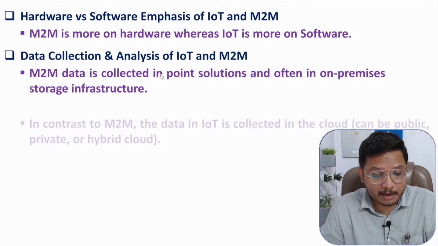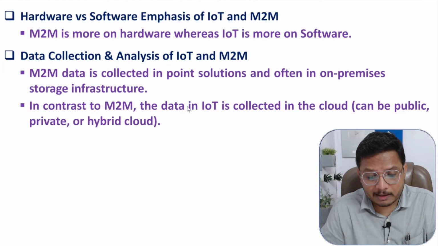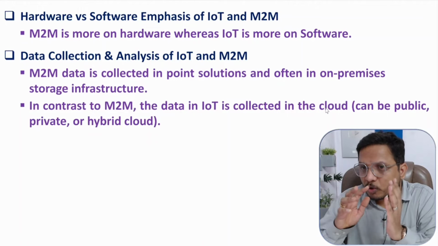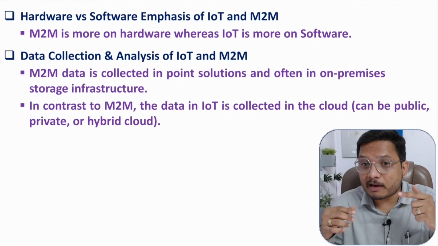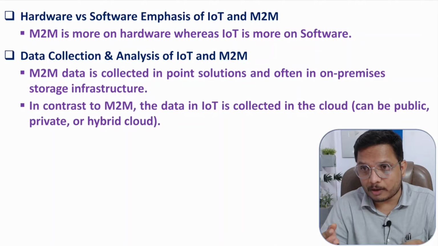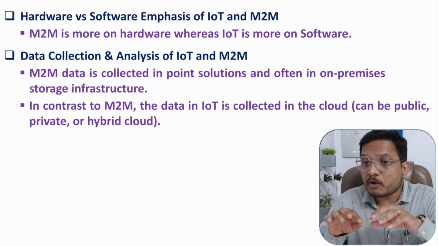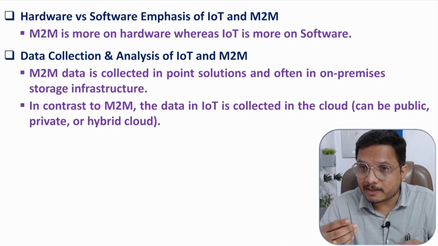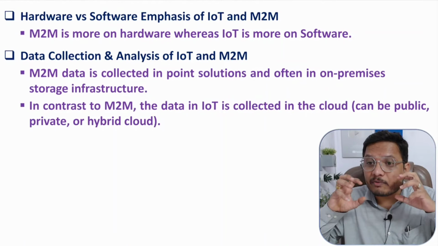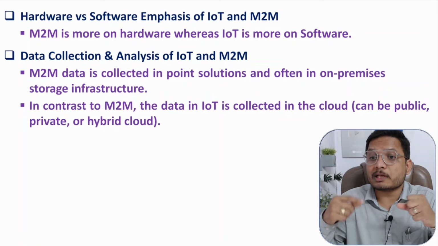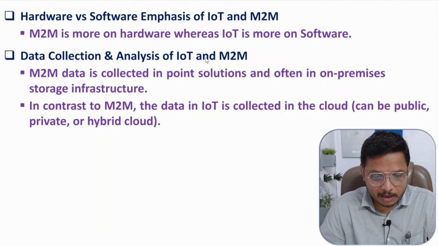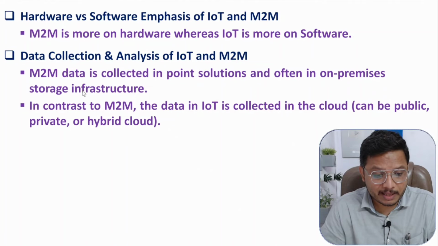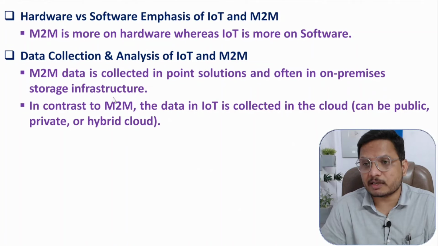But in IoT, data is collected on the cloud, and those data can be accessed as public, private, or hybrid cloud. With the use of algorithms and artificial intelligence, one can optimize the application as well. Devices are connected with each other via the internet, so more solutions are possible with IoT. There will be cloud-based storage in IoT applications, while with M2M, on-premises storage infrastructure will be there.